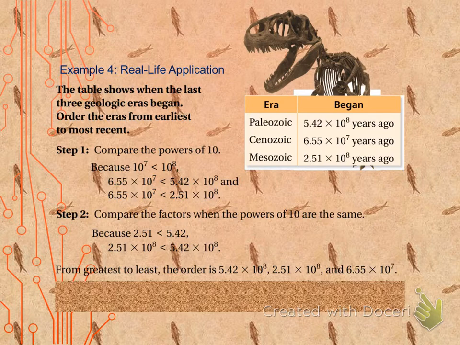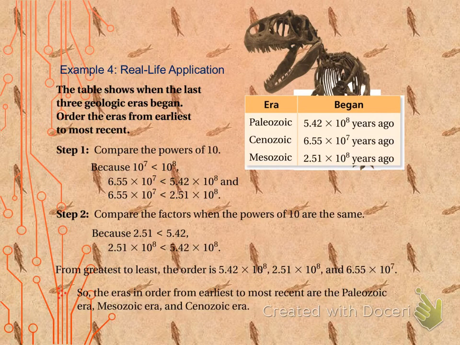Then it would be 2.51 times 10 to the 8th, which is the Mesozoic. And then 6.55 times 10 to the 7th, which is the Cenozoic. So the eras in order from earliest to the most recent are Paleozoic era, Mesozoic era, and Cenozoic era.